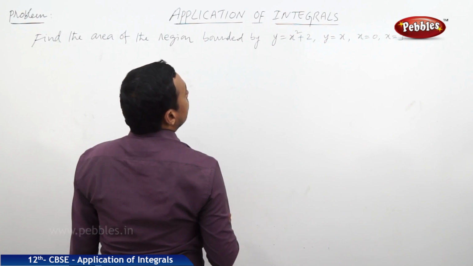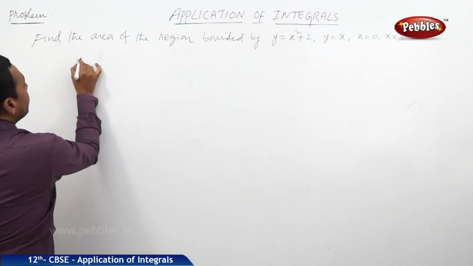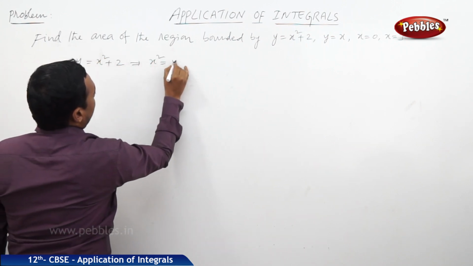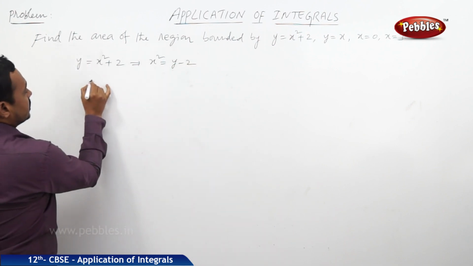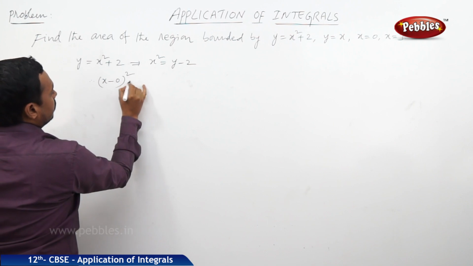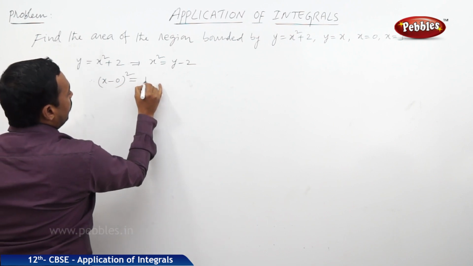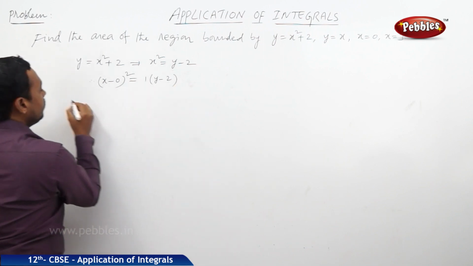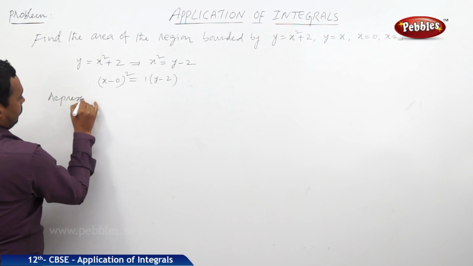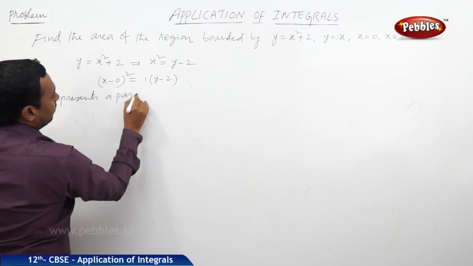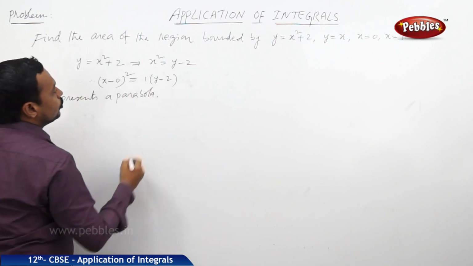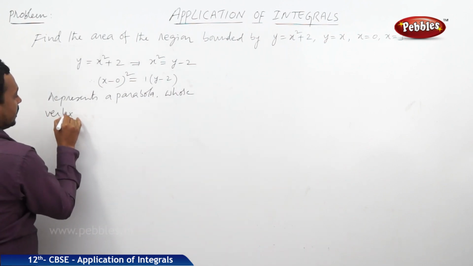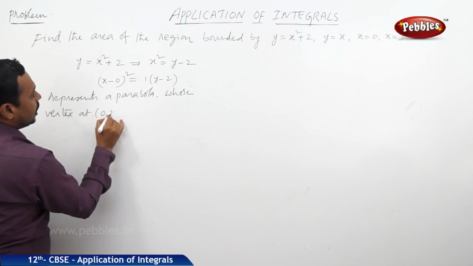Here, y is first the parabola given that y is equal to x square plus 2. That means x square is equal to y minus 2. Hence, it is x minus 0 whole square is equal to 1 into y minus 2. Therefore, it represents a parabola whose vertex is at 0 comma 2.